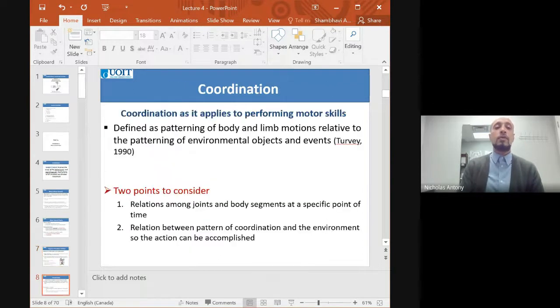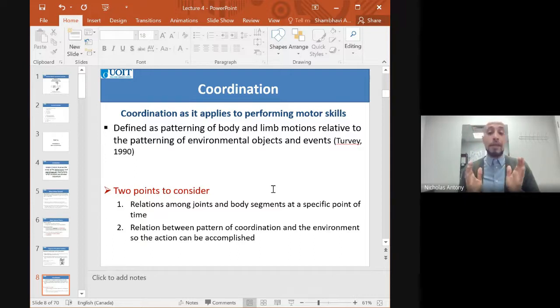The second thing was the coordination of our body as it pertains to motor skills. And what that is defined as, it's not just that a person looks coordinated or fluid when they're moving. When talking about motor control theories and discussing the term coordination, it's defined as the patterning of the body and limb motions relative to the patterning of the environmental objects and events.